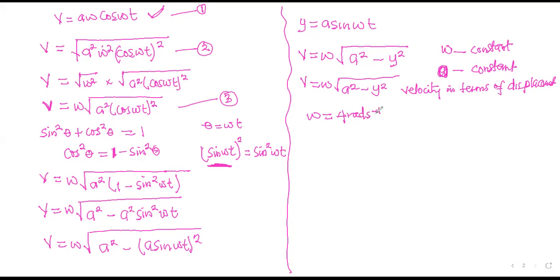I said for an oscillating body, angular velocity is constant. So with an angular velocity 4 radian per second, and amplitude equal to 10 centimeter. So the amplitude is also constant and is given.